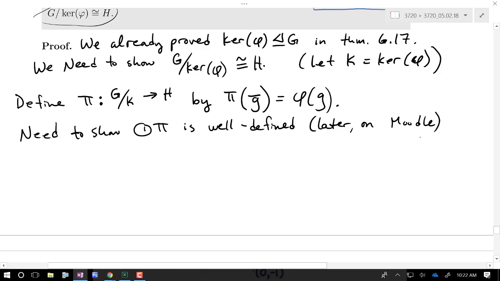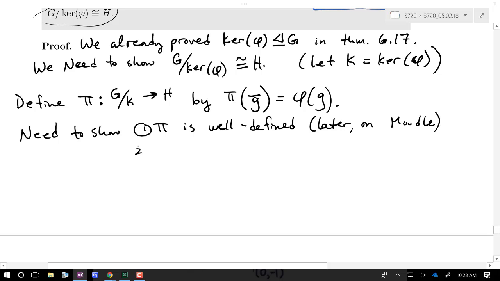A function has to be something where if I plug in an element, it can only go to one possible output. Because we're mapping an entire coset, we wouldn't want to just assume that it's well defined. We know that pi does map into H because it takes pi of G bar and sends it to phi of G, and phi of G is in H, since phi maps from G into H.